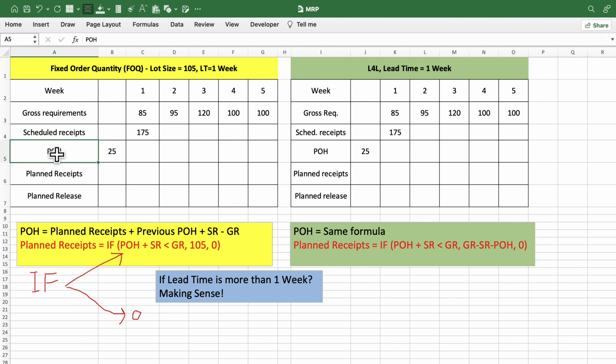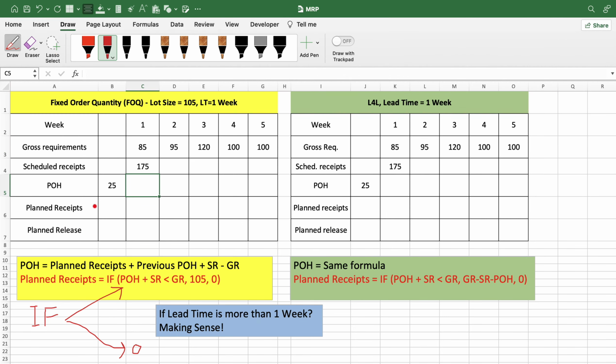Then this is POH, which means projected on hand. It is similar to projected available balance that we discussed earlier. And so our starting inventory is 25. The first thing is we need to calculate this one, and our approach will be very much similar to what we discussed earlier.